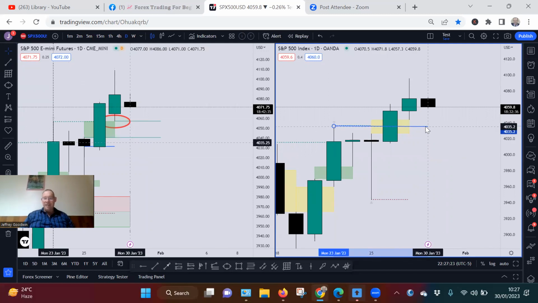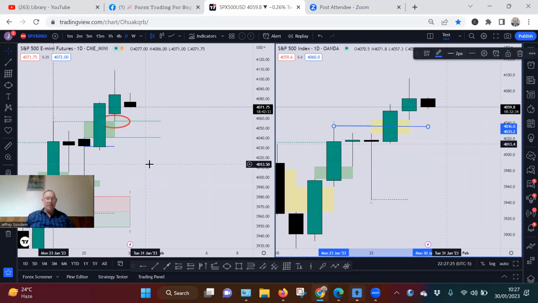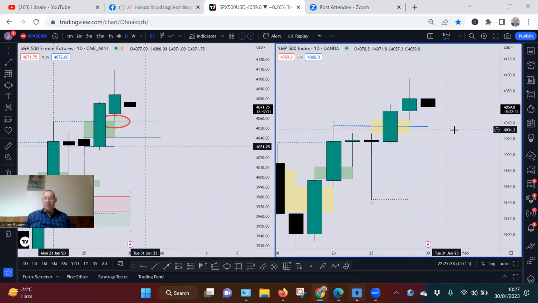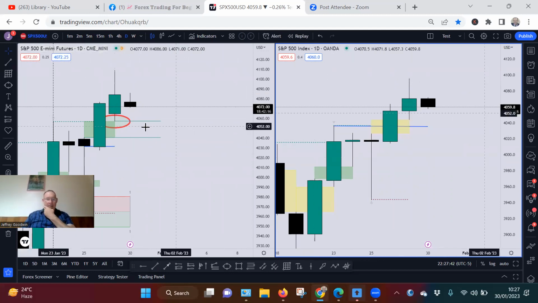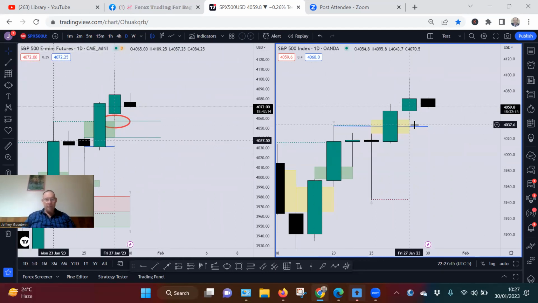So a little key tip: have your futures charts here and your indices over here, and do a comparison. That's it there. Doesn't quite make it there, but it does the same move. You can set an alert for this with your features here. Taps into it, then suddenly goes to the moon.